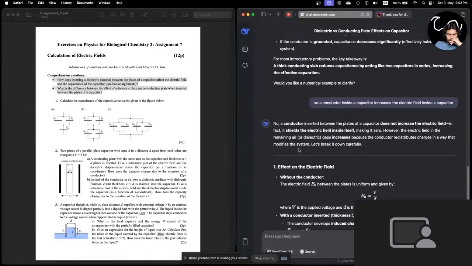Yeah, I understand that it acts as two capacitors in series, and decreases the dielectric material. Instead of the dielectric, now it's conducting. The amount of dielectric material decreases when conductor is increased.